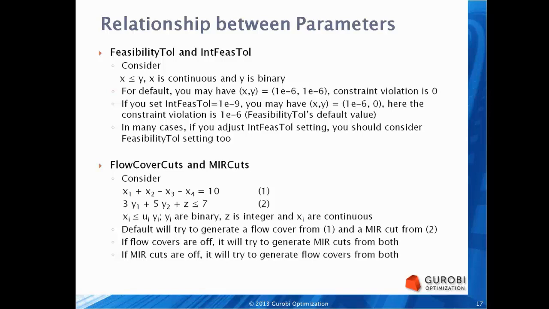So now if you know that, you may want to turn off both. Or maybe turning off both is not helpful. Maybe you can change the default value for flow cover, for example, set to 1. It's less aggressive, but it will still generate. That may solve the issue.